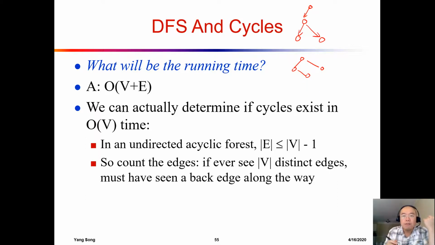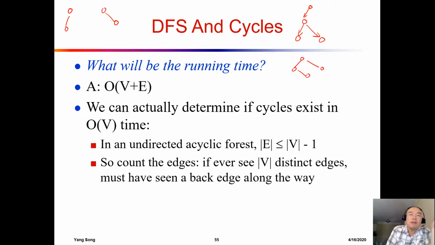So if we have a tree structure with n nodes, we can have at most n minus 1 edges. Or if we do a forest, this is a tree, this is another tree, and in this case we have four nodes but only two edges, right?